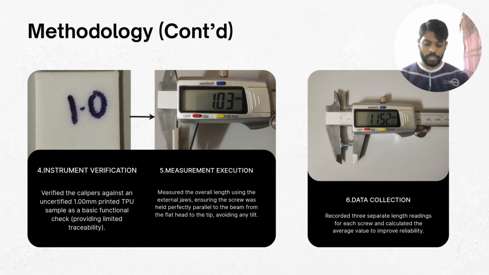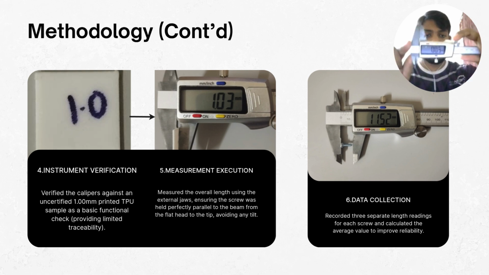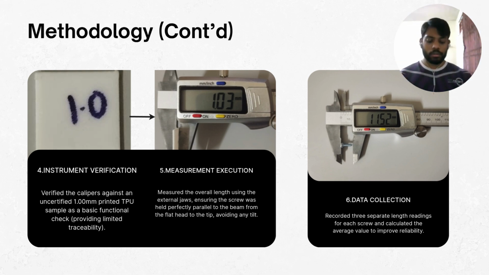So what we have to do is have a sample of screw, as mentioned before, in our hand, and we are going to simply retract the closed jaw of the caliper by sliding down this roller. Once you have slid it down to fit the sample of the screw, you're going to ensure that the flat head of the screw is parallel with the upper jaw, and the bottom part of the screw is also parallel.